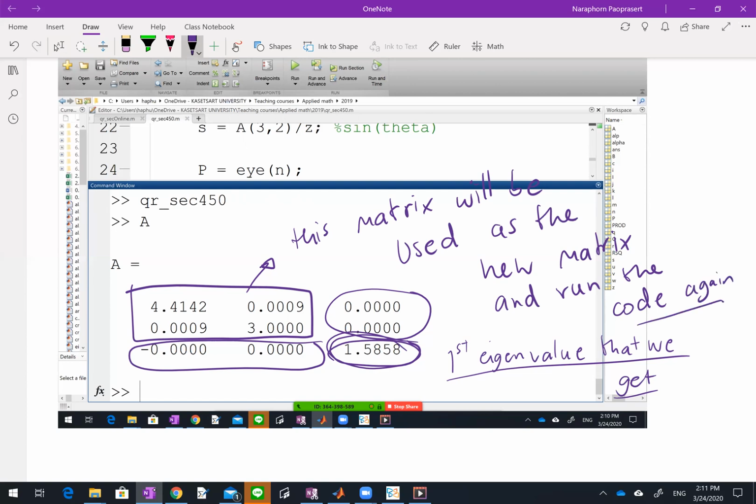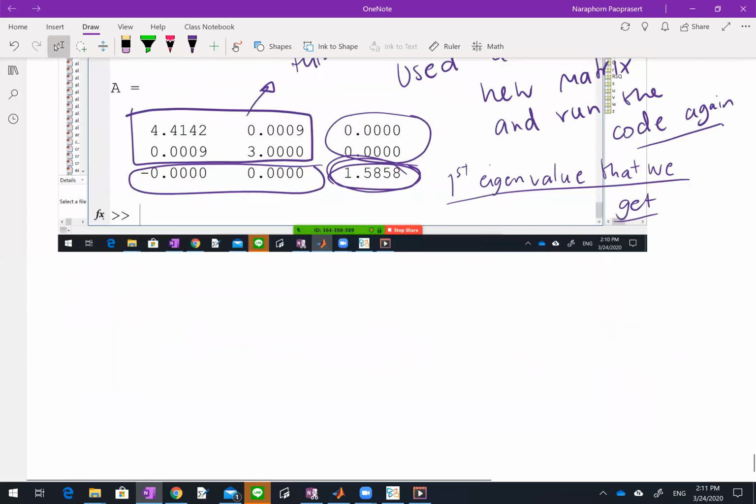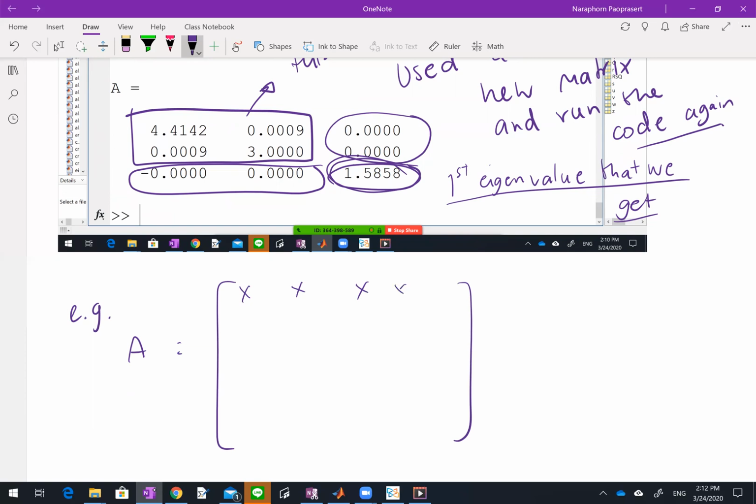So let's say, for example, you have A, which is a 5 by 5 matrix: 1, 2, 3, 4, 5, repeated in each row.